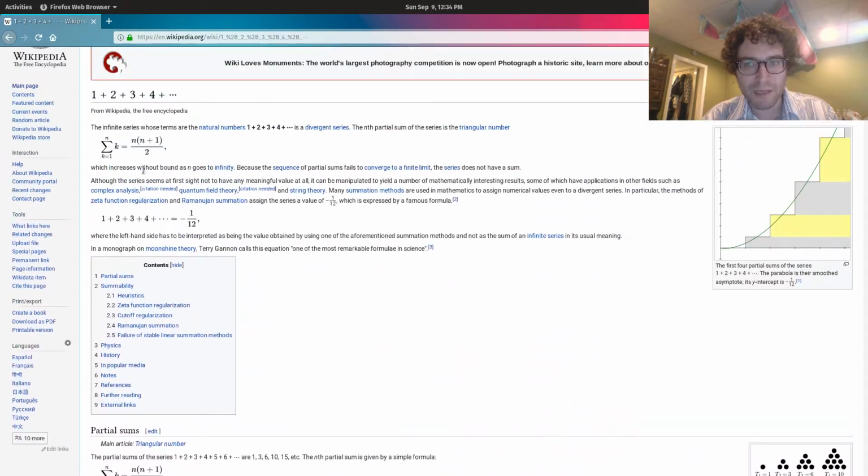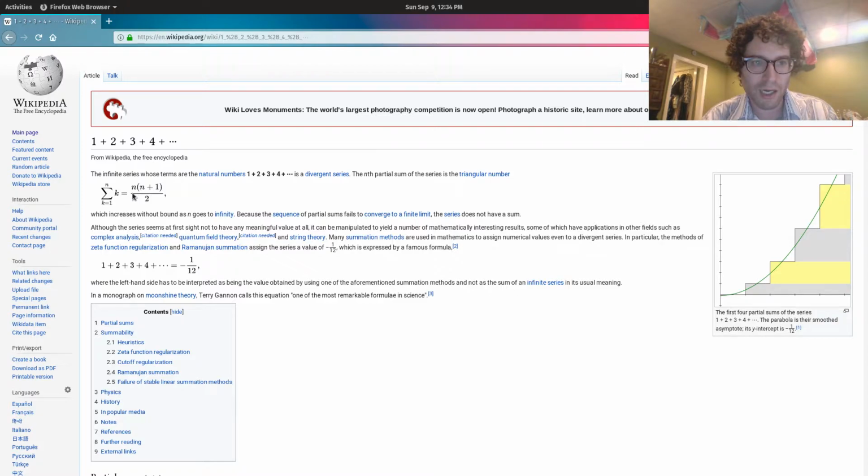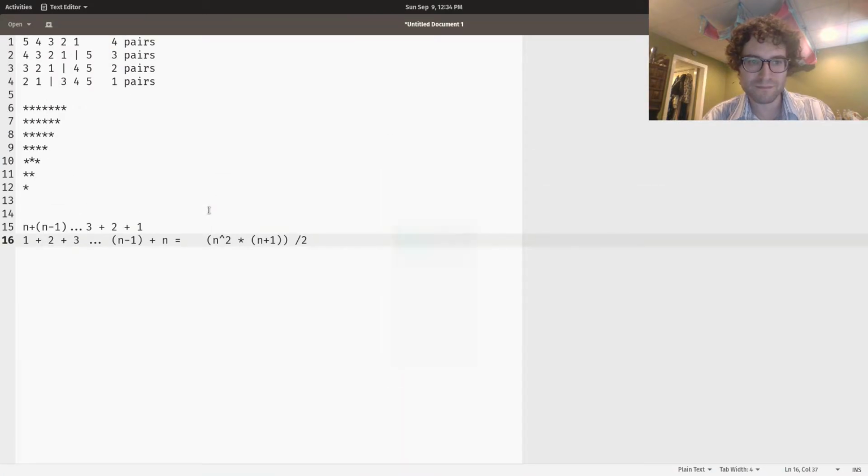But the summation of these items, the sum of 1 to n added together, is n times n plus 1 over 2. And this is something you learn in Calculus 2. No, it's not that. Sorry. N times n minus 1. Now I know where. N times n plus 1 minus 2. There we go.